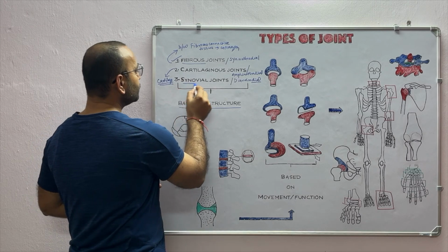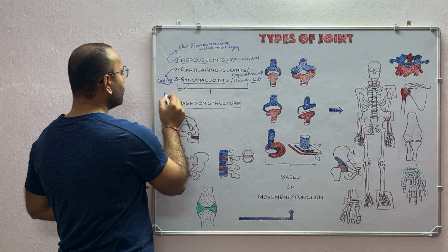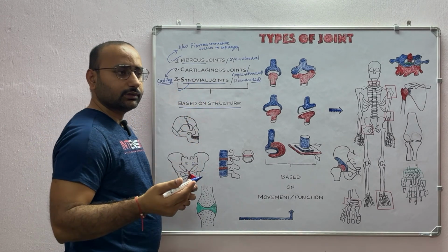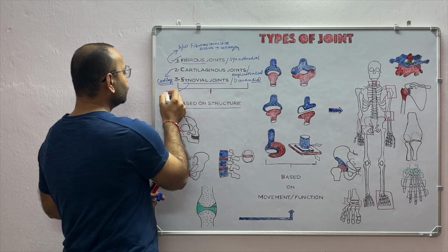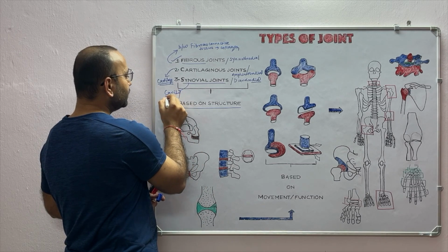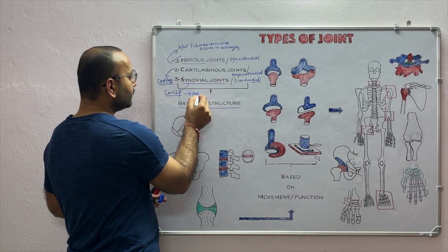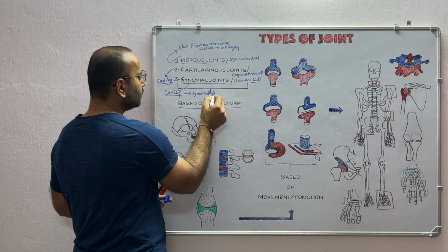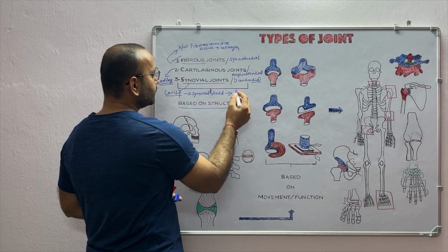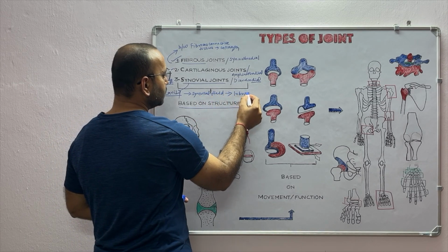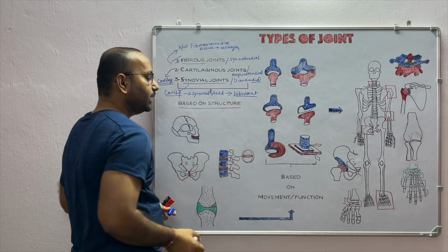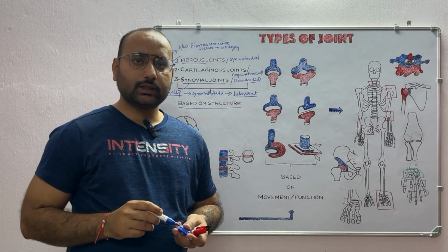So in the synovial joint category, you have the formation of a gap, and we can call the gap a cavity, right? So here the cavity is formed, and within the cavity you have synovial fluid, which acts as a lubricant and helps in the movement of the joint.